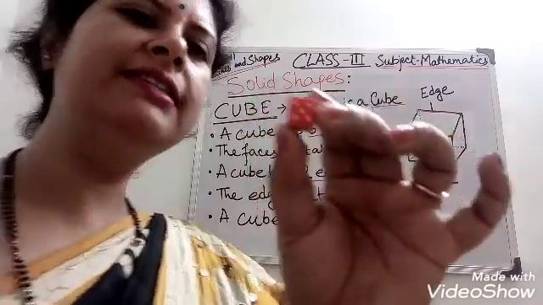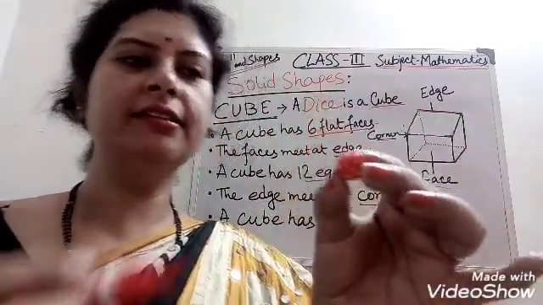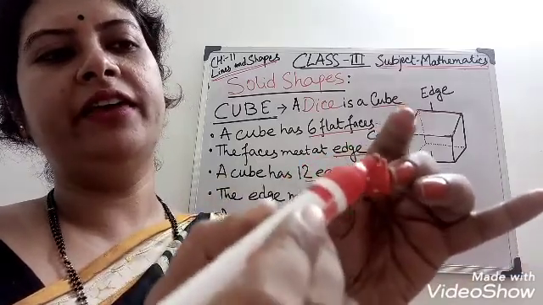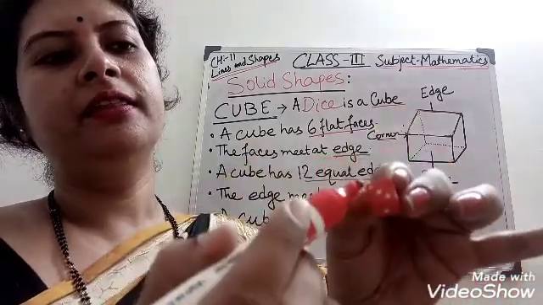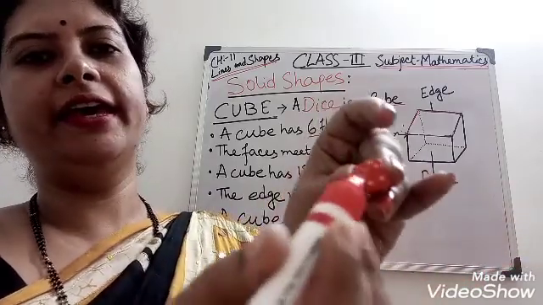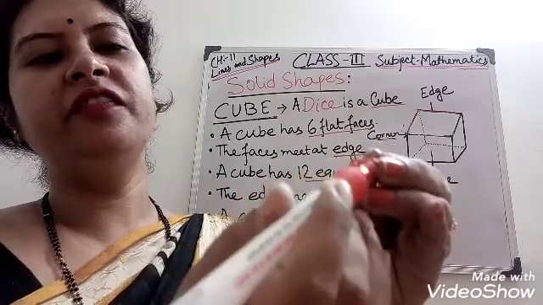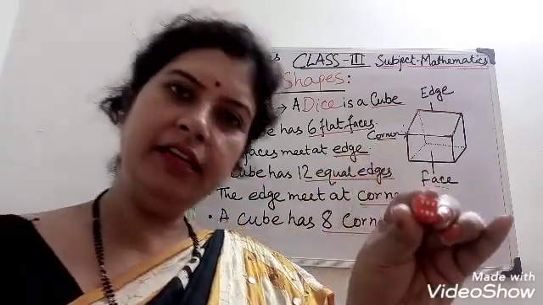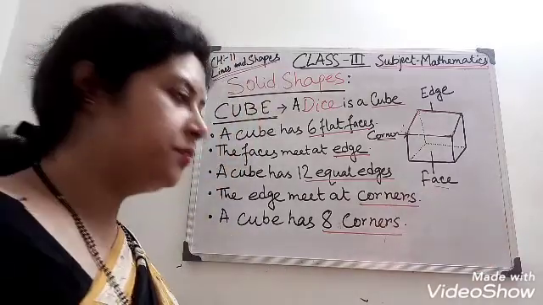Now count 6 flat faces. First face, second face, third face, fourth face, fifth face and sixth face. Clear?